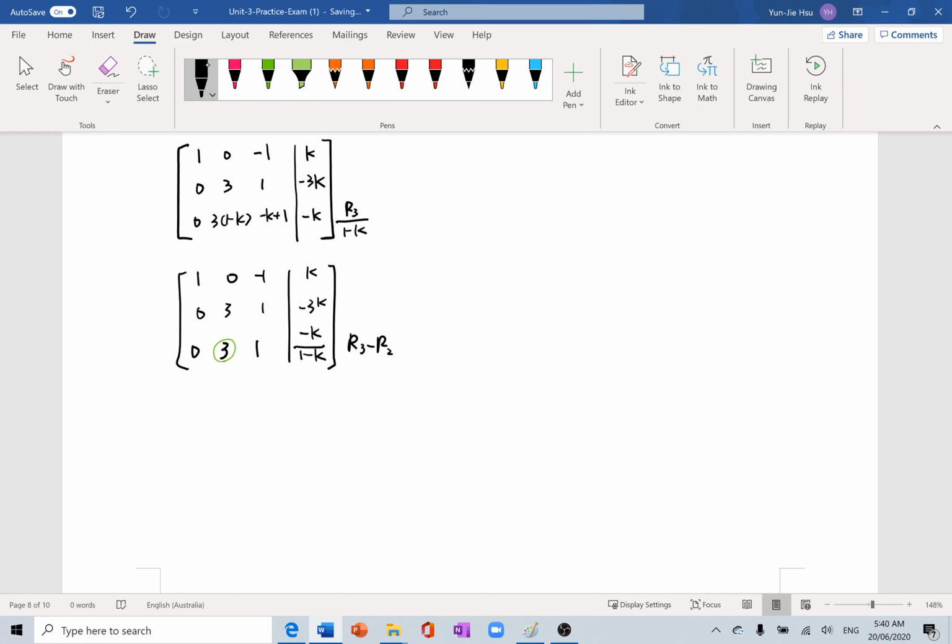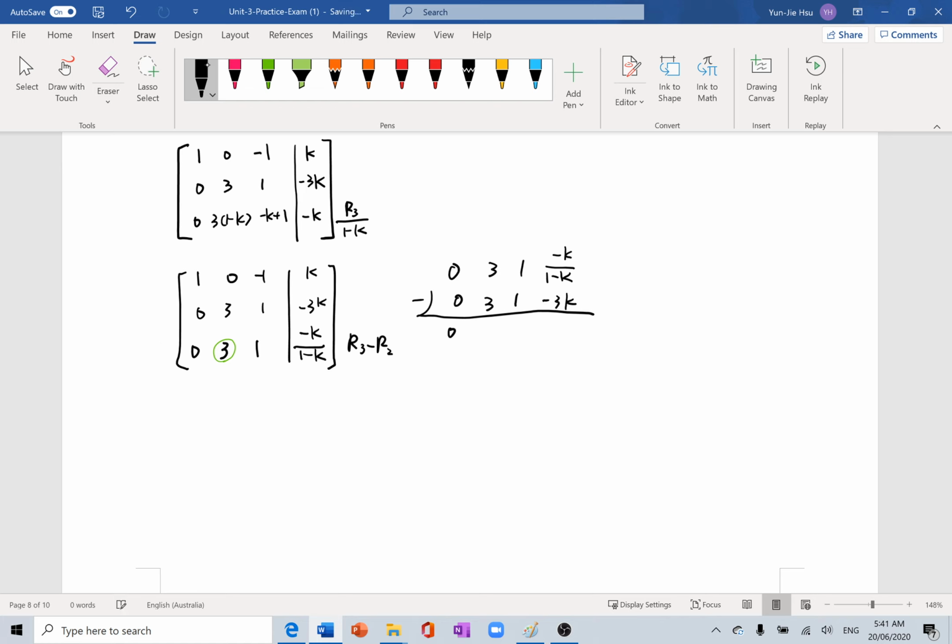Row 3: 0, 3, 1, negative k over 1 minus k, minus row 2: 0, 3, 1, negative 3k.